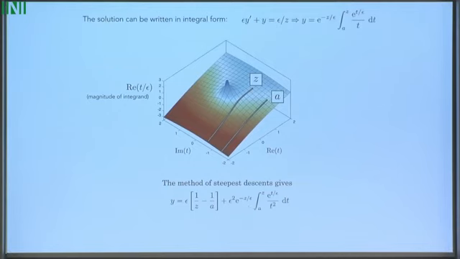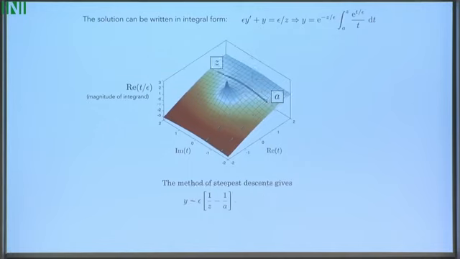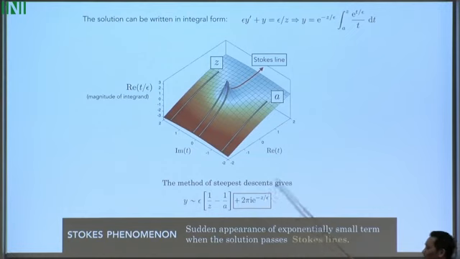Right? But you might see the problem now, because if z moves into the upper half plane, I have a bit of an issue. I can't deform in the usual way. I now need to include the pole. The pole adds a residue contribution, and that's your exponentially small term. Right? So that is the Stokes phenomenon.